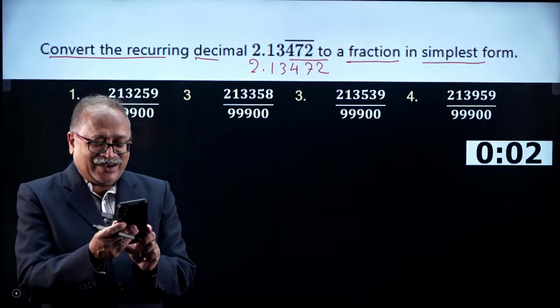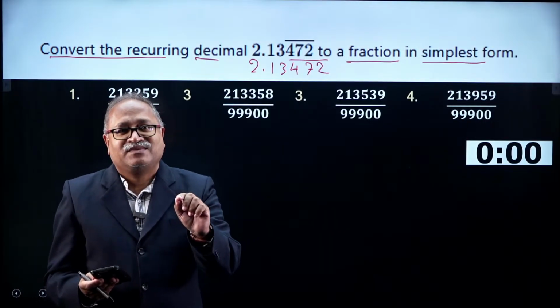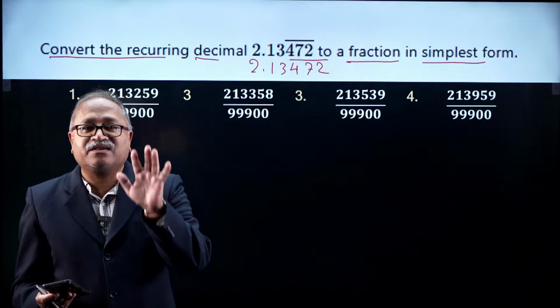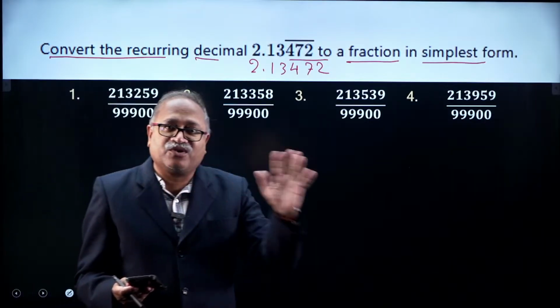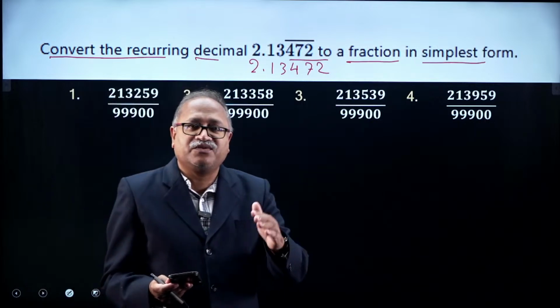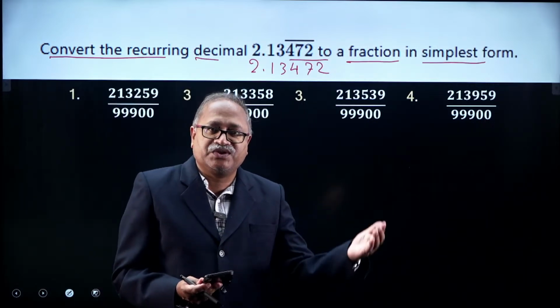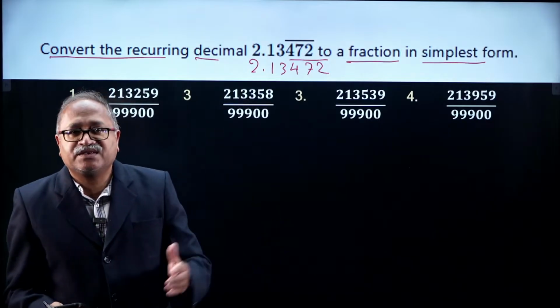Rakesh has said option A. Pandu, you know the method. It's good that you are very good in the number system. You have gone through all the types of models, the divisibility rules, the LCM, HCF based questions, recurring decimal, successive division and all.